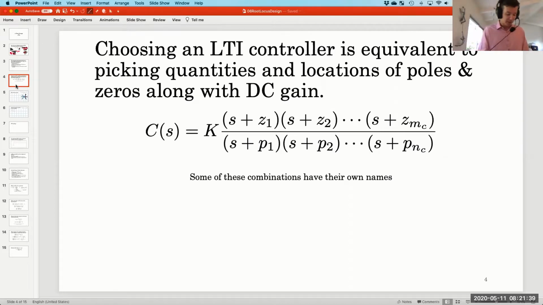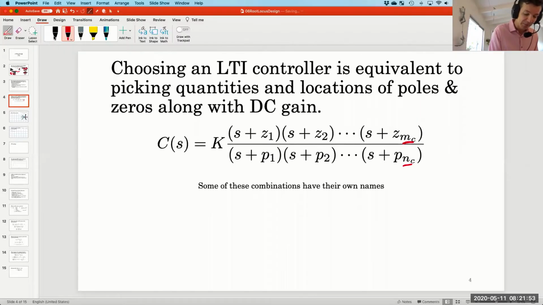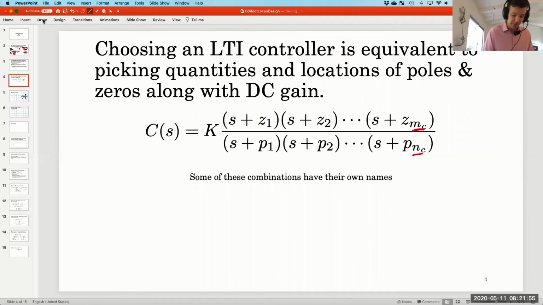So what I'm trying to communicate here is that your very first choice of controller actually comes down to how many poles do you want? How many zeros do you want? Some of the options here have their own names. So for example, if I have 0 zeros and 0 poles, then what's left?